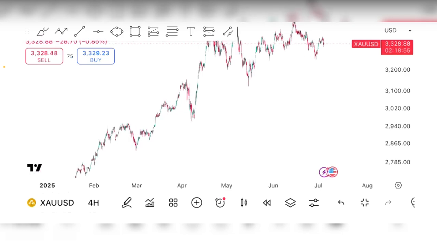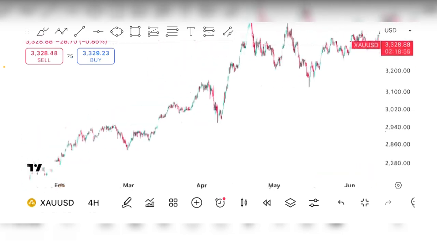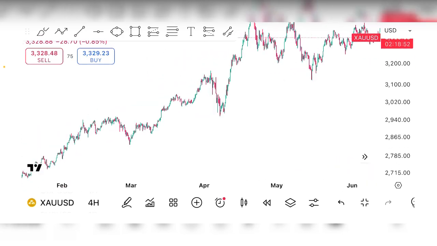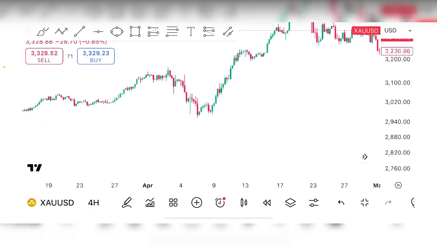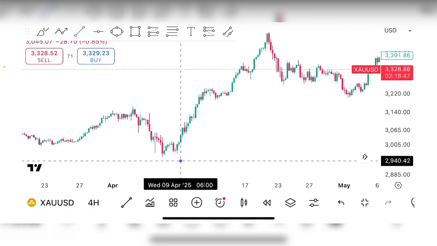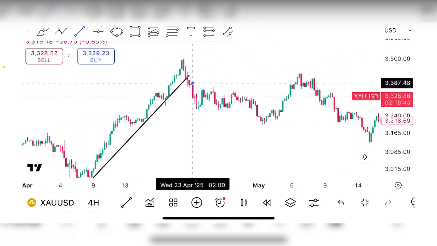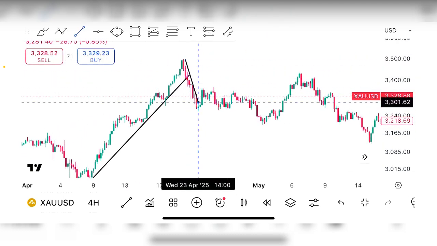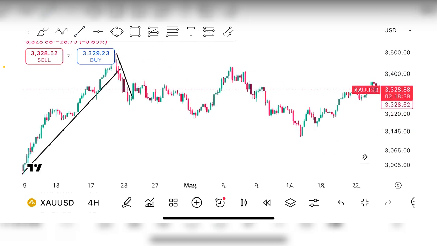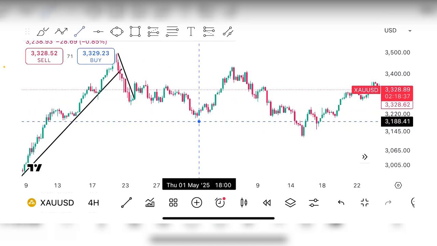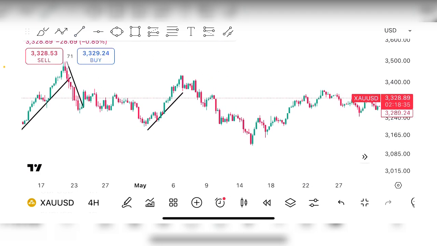Don't just say, okay, market is going like this, and mark out the entire section. No. All these small impulsive moves on the 4 hours, this entire section is an uptrend. This mini section down here is a downtrend. This is an uptrend. This is a downtrend.